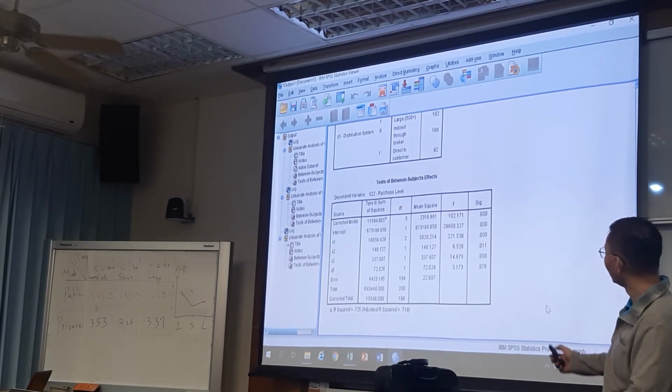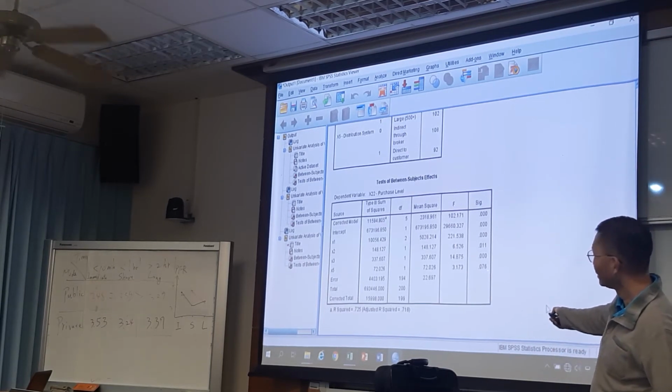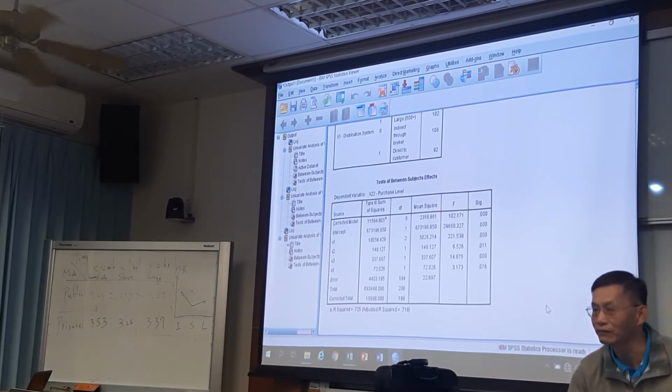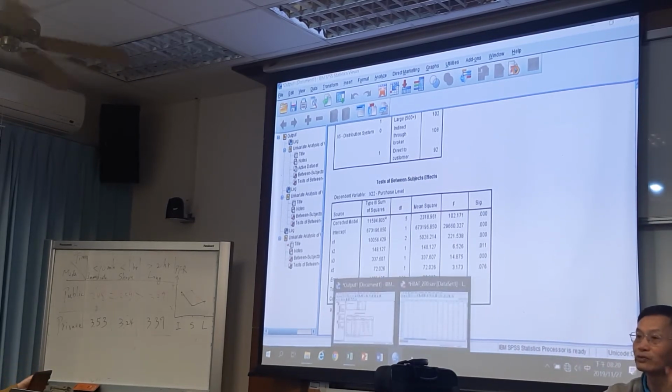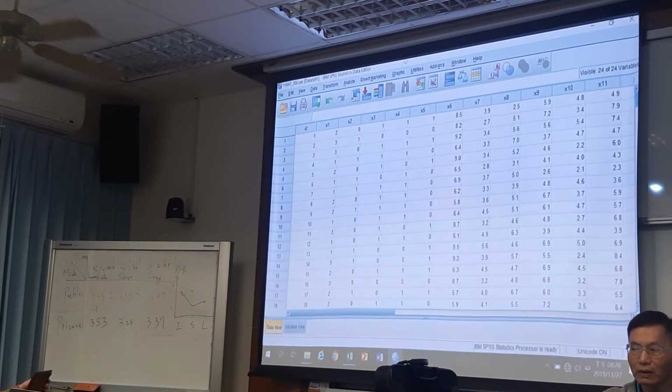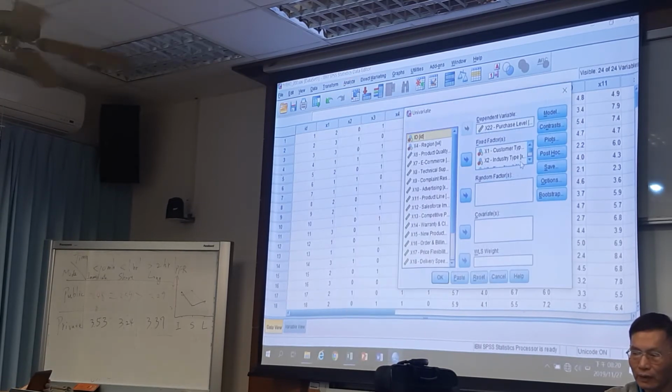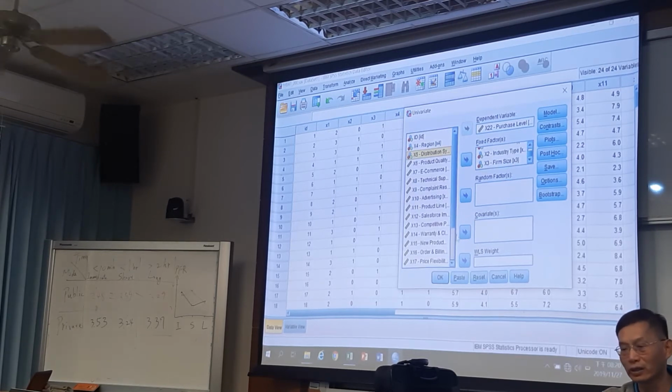How about 5? Not significant. You can take it away. It's not significant. No impact. So we reduce from 5 to 4 to 3. So we become a 3-way interaction.